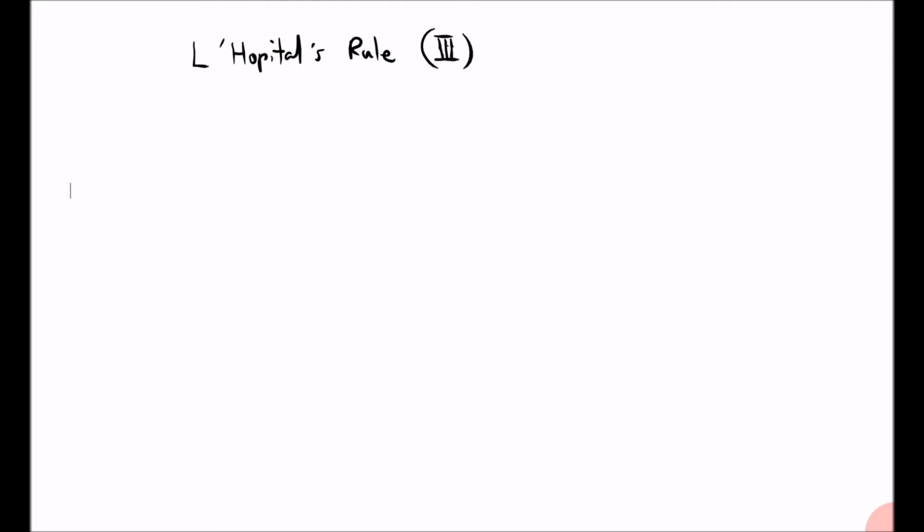Hi everyone. Today I'm going to go through the last part of L'Hopital's rule, part 3. We'll be applying L'Hopital's rule to find limits that give us indeterminate forms of another type that involve powers.